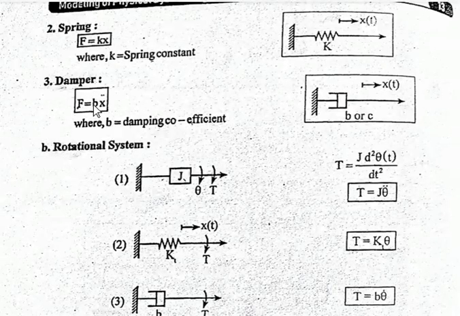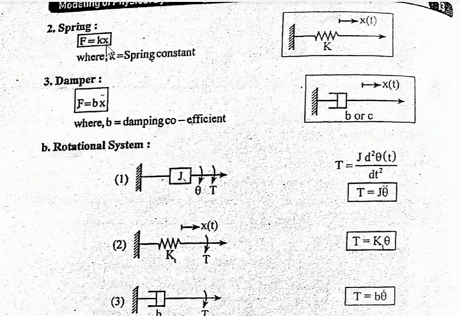So all these represent the mathematical modeling of a mechanical system. For translation motion, I think you know that a translation system has oscillation motion.